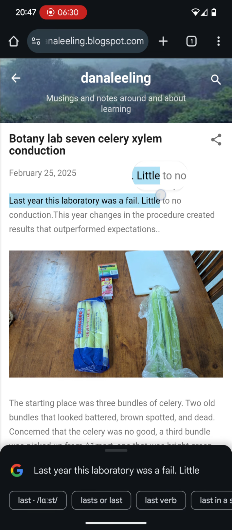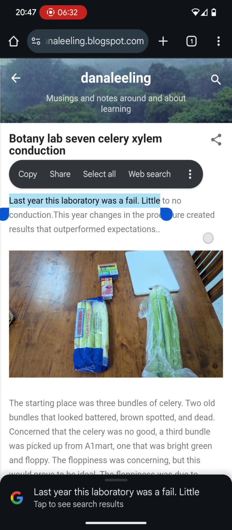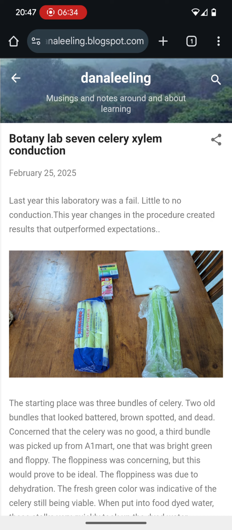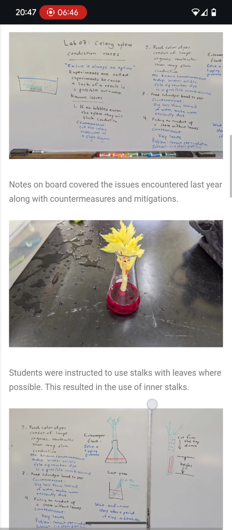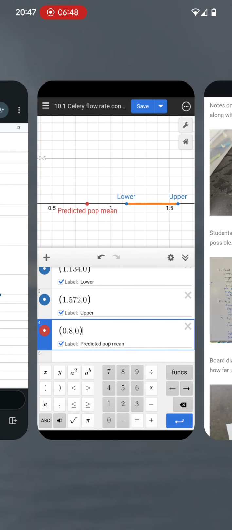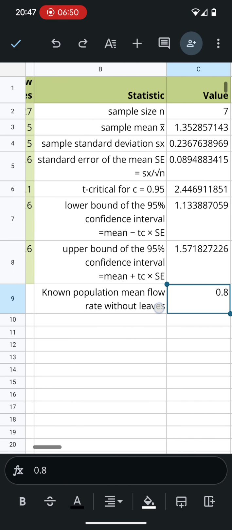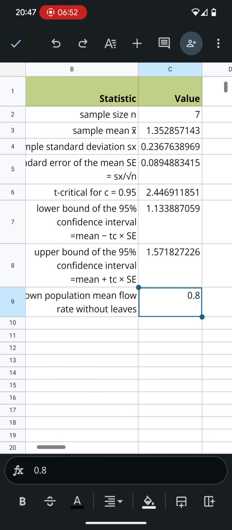Last year was a fail because last year we cut the leaves off and the celery did not conduct dye up the xylem. By leaving the leaves on, we got much higher rates of flow than we saw last year, and we can rule out the possibility that it could possibly be as low as 0.8. No way this could be as low as 0.8.